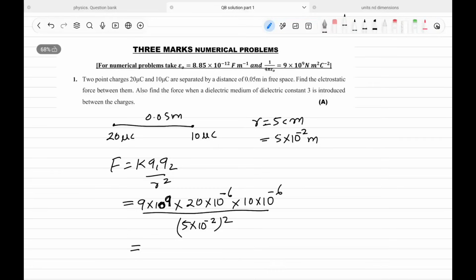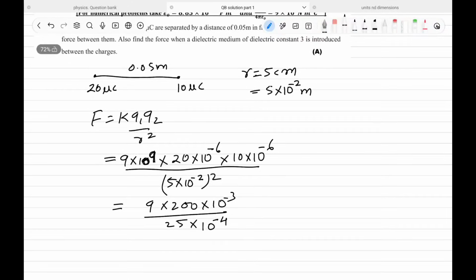It is in the multiplication, so we are adding the powers. ठीक है, तो पावर्स को ऐड कर रहे हैं. 10 पावर -6, 10 पावर -6, 10 पावर -12 होता है. ये 10 पावर 9 है. 12 - 9 it becomes -3. तो यहाँ पर हो जाएगा 9 into 200 into 10 power -3 whole divided by 25 into 10 power -4. 25 8s are 200 and this 3 and 4 get cancelled in powers, and it becomes 9 into 8 into 10 power 1.